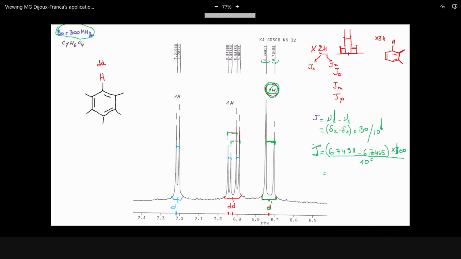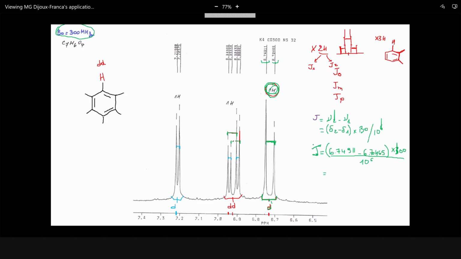It's a little bit high. 74 minus 6.70. Hello, did you make the calculation?